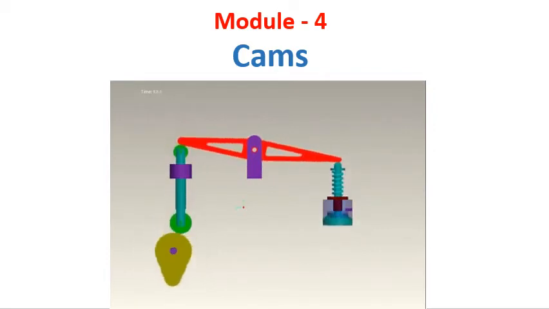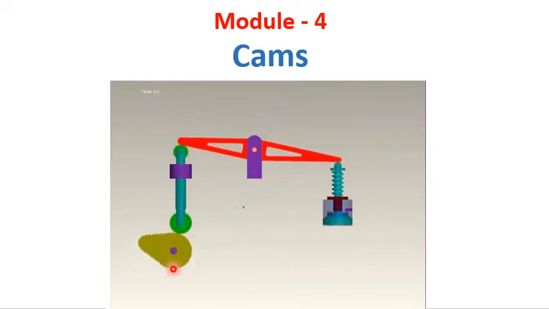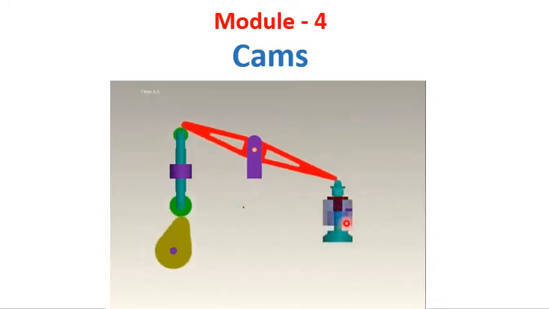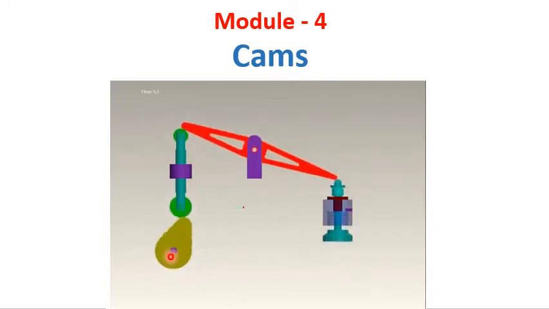You can see in the animation. This rotating member is called the cam and this is the follower. It is used to open and close the valve of an IC engine. You can see we are getting an oscillatory motion due to the rotation of this cam.